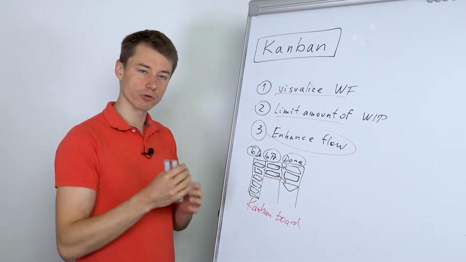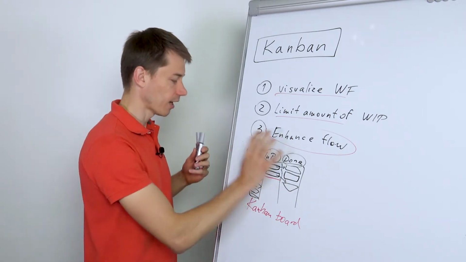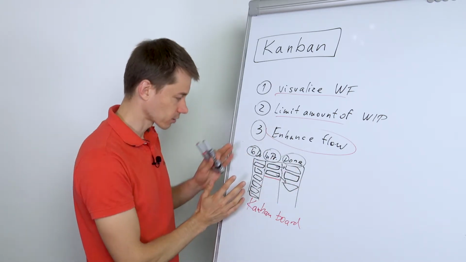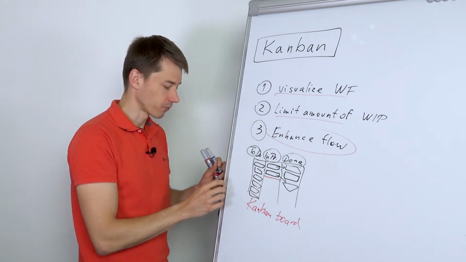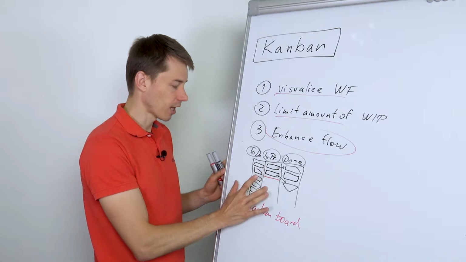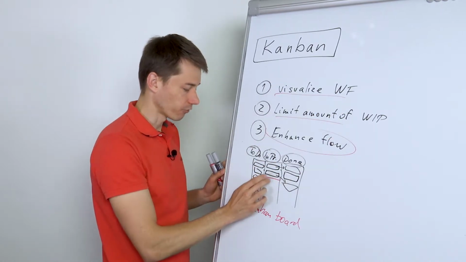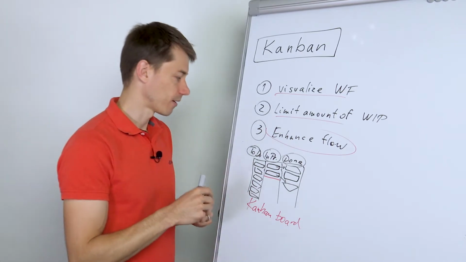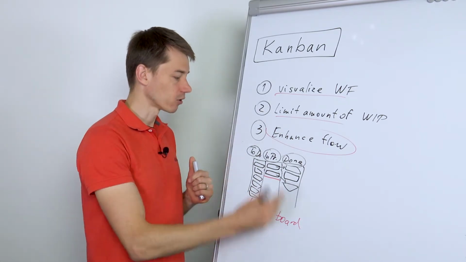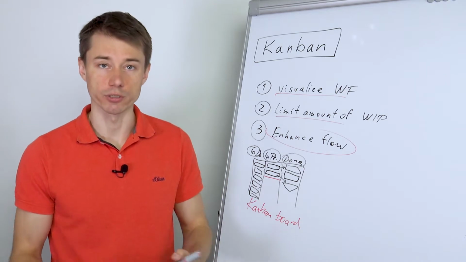Okay, let's figure out how can we have the tasks flowing steadily. So, for example, this visualization helps, the limitation of amounts of tasks in progress helps, and you can have someone in the team who is also helping to remove blockers, okay?